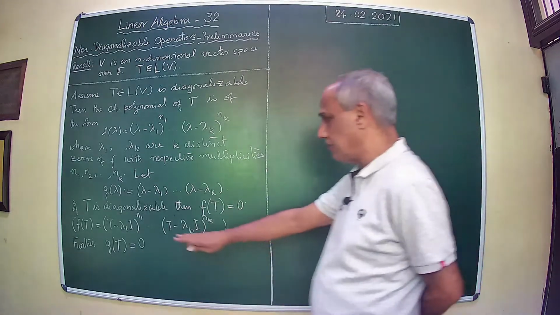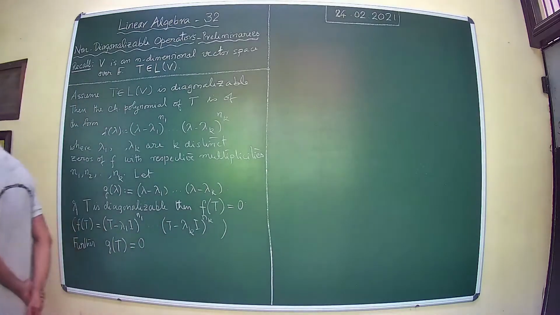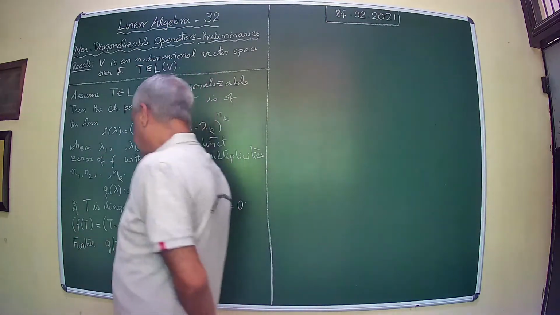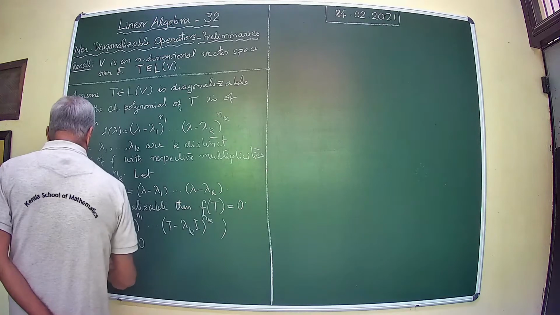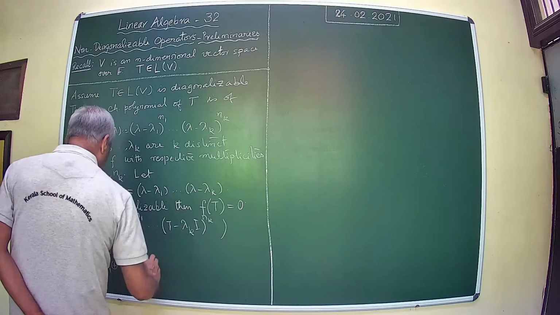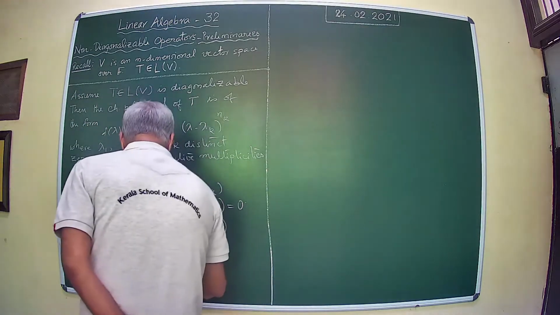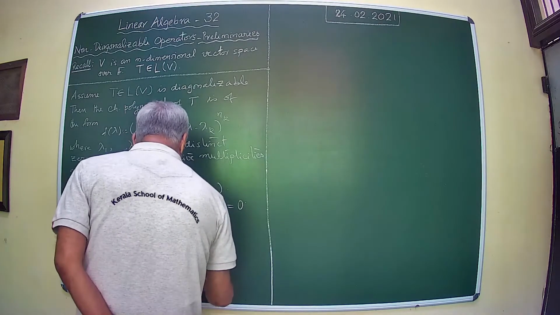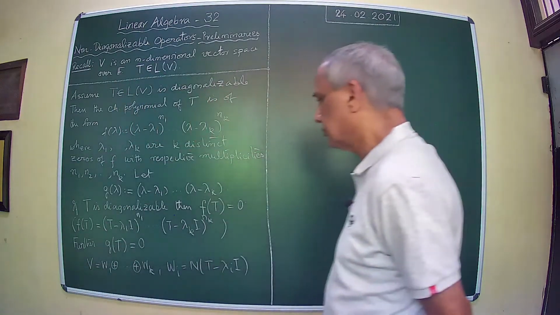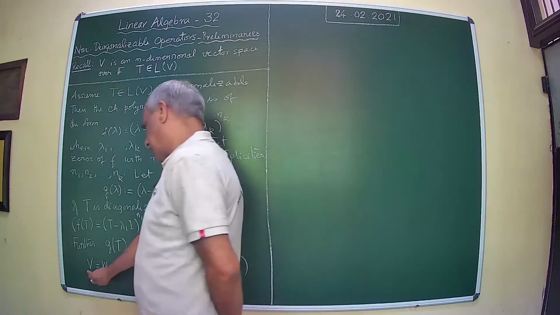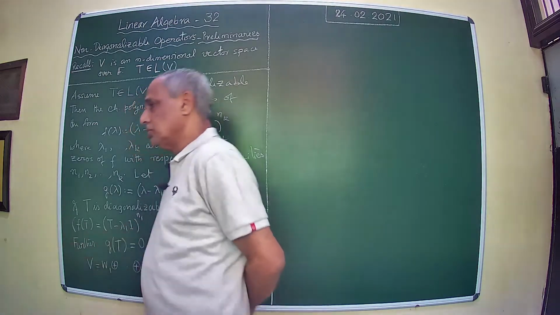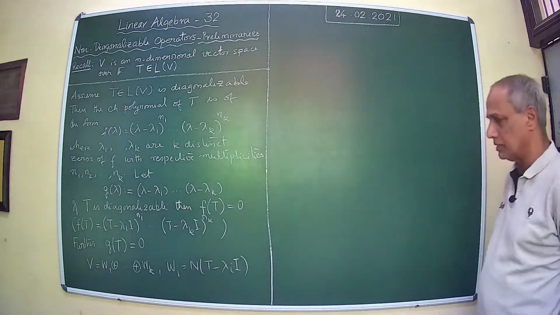Now if you have looked at the way in which we proved this, because T is diagonalizable, we said that V can be split up into W1 plus ... plus Wk, where Wi equal to null space of T minus lambda i I, and they add up to cover the entire V. Now this is what happens.